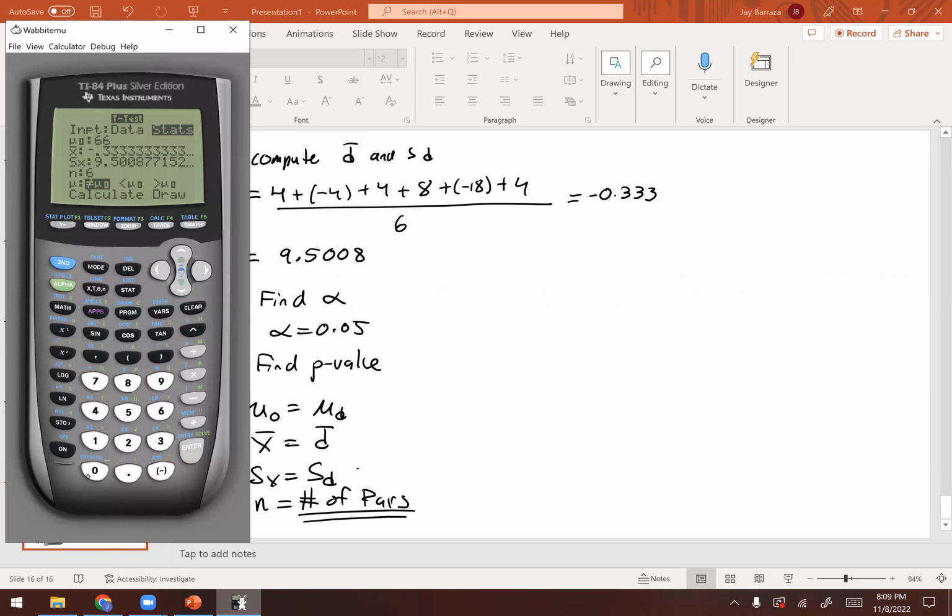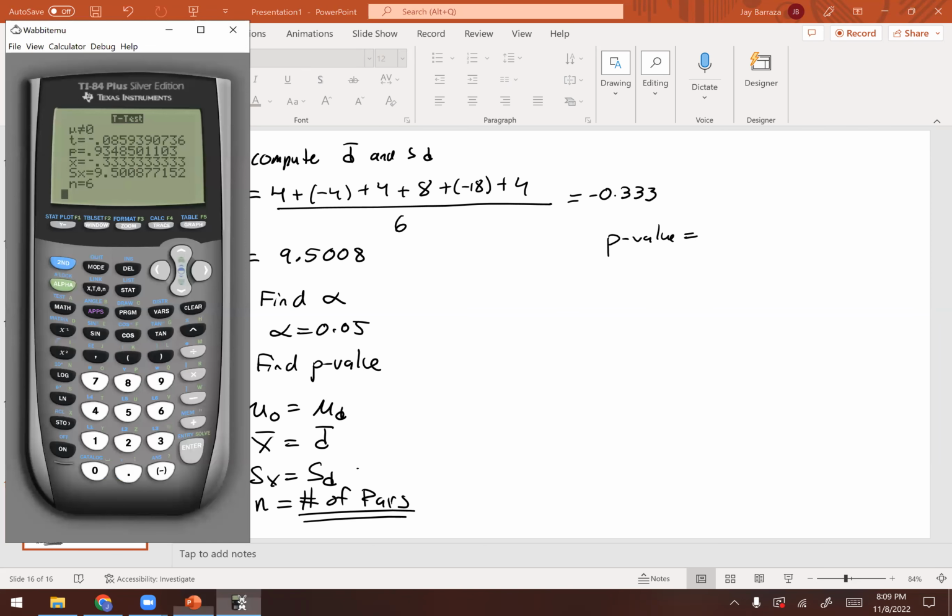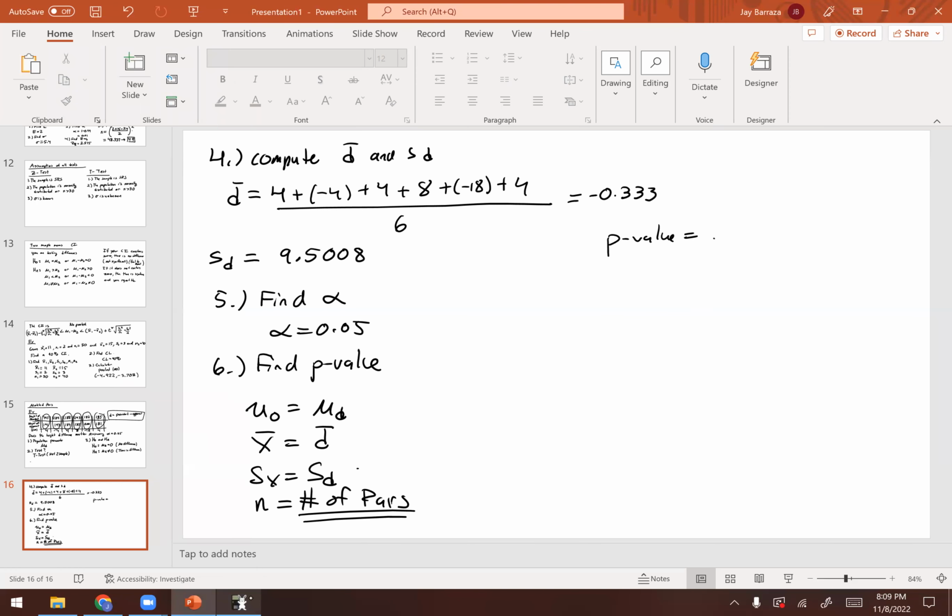So 0, negative 0.3333, 9.5008, n equals 6, not equals. And then my p-value is 0.9348. Okay, p-value is equal to 0.9348.